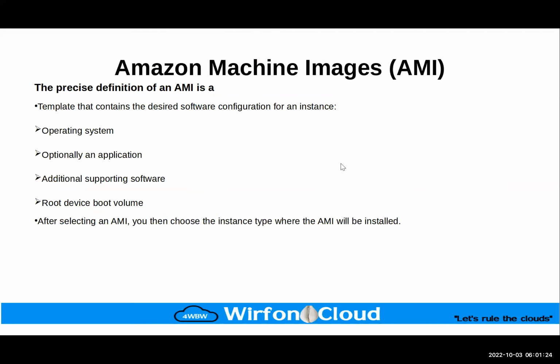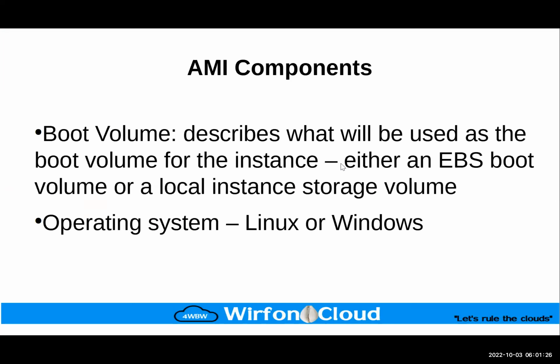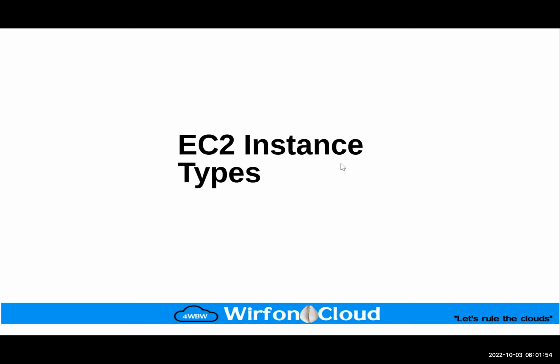So the AMI components: you have the boot volume, which describes what will be used as the boot volume for the instance. It could be an EBS volume that you attach to it, or the local instance storage volume, because your EC2 always comes with an instance storage, and the operating system could be Linux or Windows.